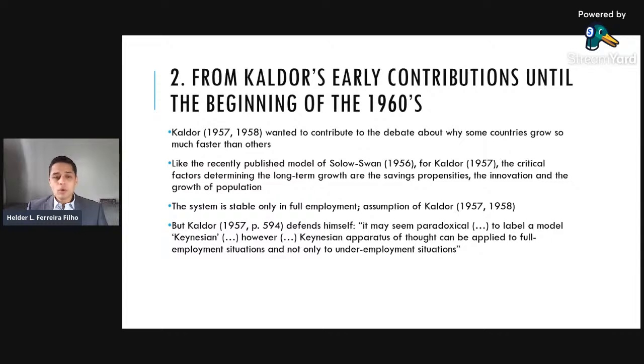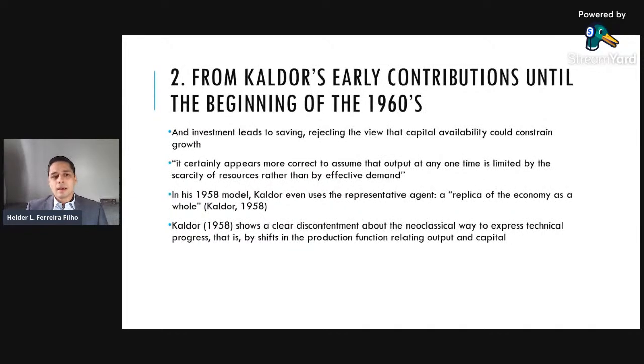The system is stable only at full employment, also in both models. But Kaldor defends himself: it may seem paradoxical to label a model Keynesian. However, the Keynesian apparatus of thought can be applied to full employment situations and not only to underemployment situations. An investment leads to saving, rejecting the view that capital availability could constrain growth.